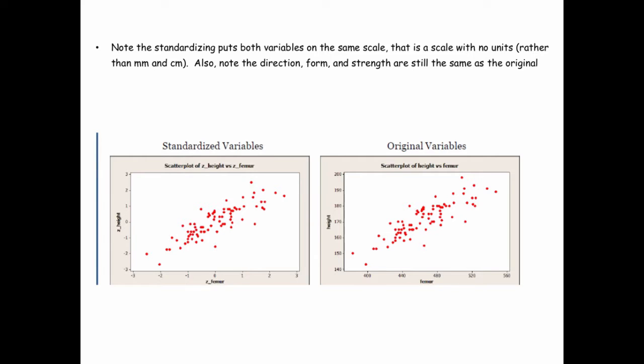On the left are the standardized variables, so the shape is identical. If you note that the x and y axes have different units, it's because the one on the left is a standardized representation, meaning it's in terms of z-scores. But the point to emphasize is that we haven't changed the relationship by normalizing or standardizing.